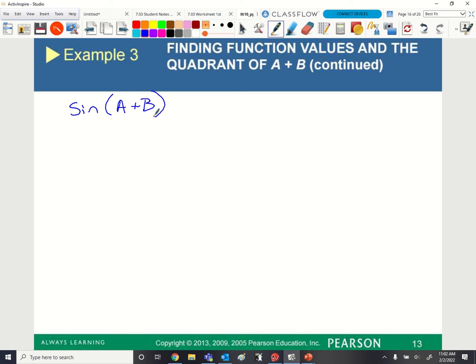So what I'm going to do right now is write down the formula for this. From my reference sheet, the sine of a plus b turns into sine of a cosine of b plus sine of b cosine of a.